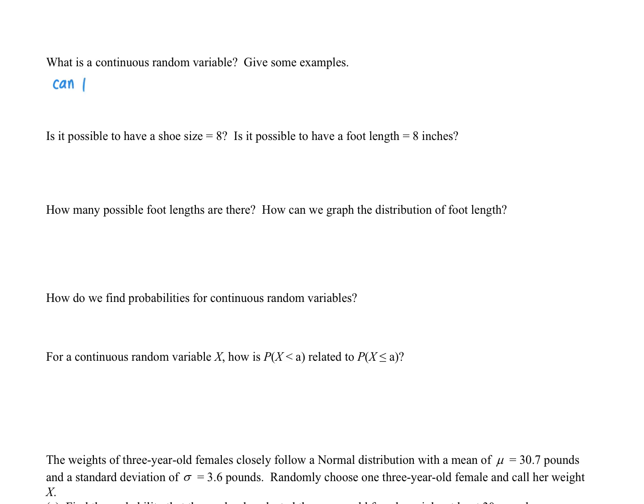A continuous variable can take on any value within an interval on a number line. The two variables that we looked at in the beginning: I might ask you your shoe size, or I could ask you the length of your foot.